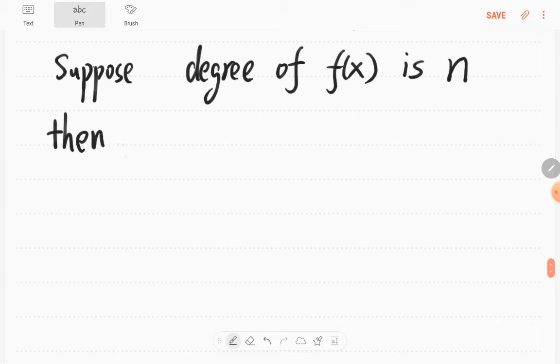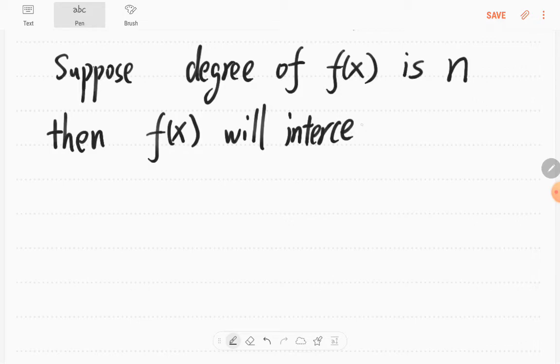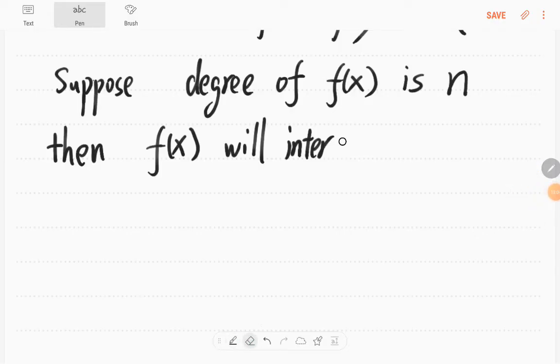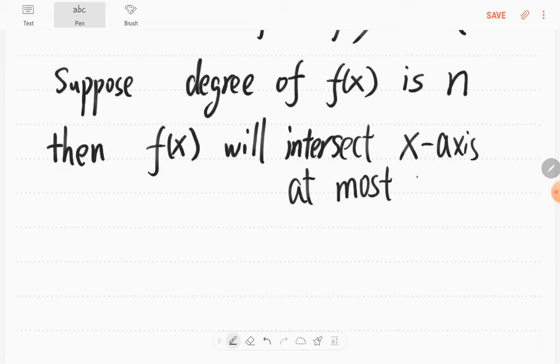Then this function f of x will intersect x-axis at most n times.